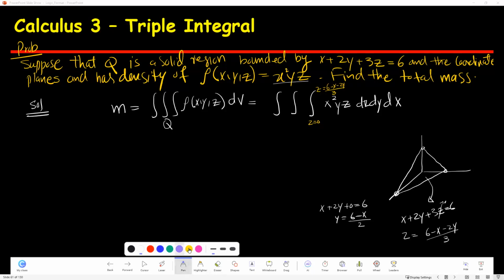So y goes from 0 to 6 minus x over 2. For the third part, I substitute y equals 0 to find x: 6 minus x divided by 2 becomes 0, so x equals 6. So x goes from 0 to 6.